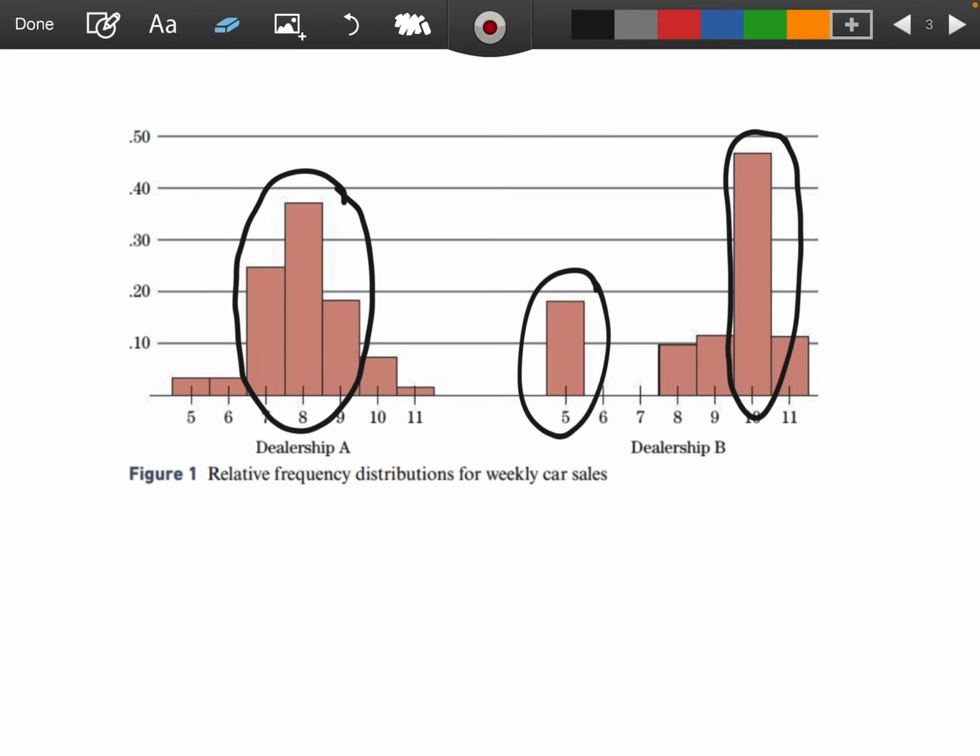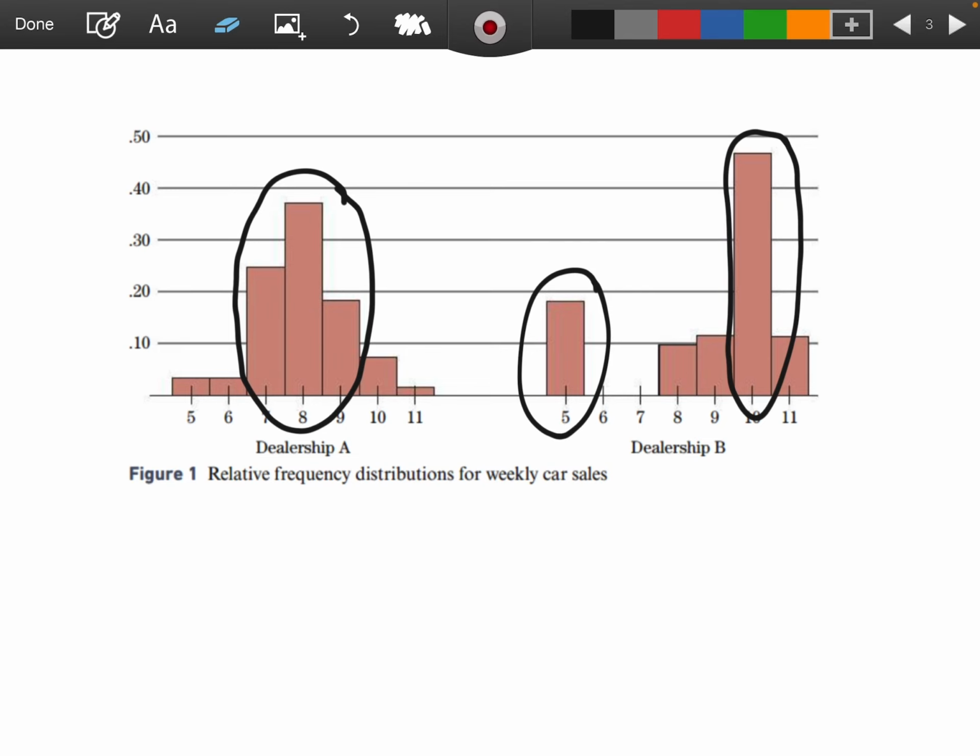Carrying on with this theme of histograms, there's another thing we can do in order to figure out which one we would like to go with, and that is figure out probabilities. We've touched on this already, but I want to actually see how we figure out probabilities given these relative frequency distributions and histograms.